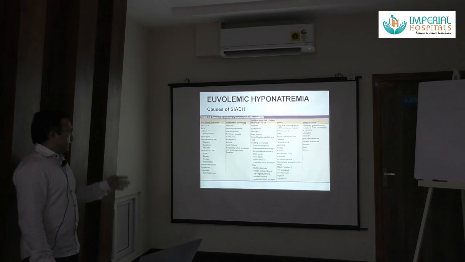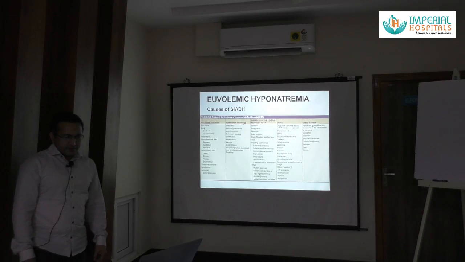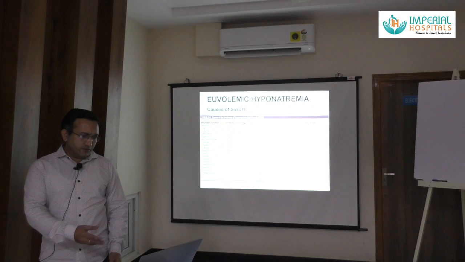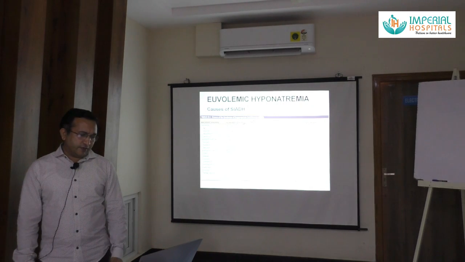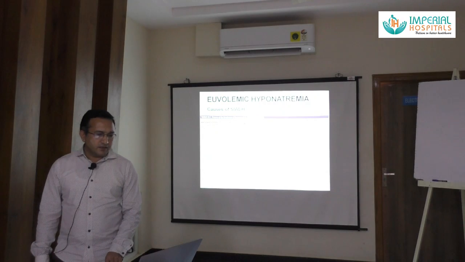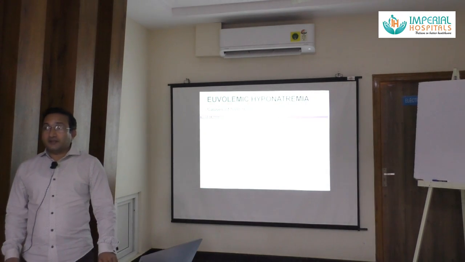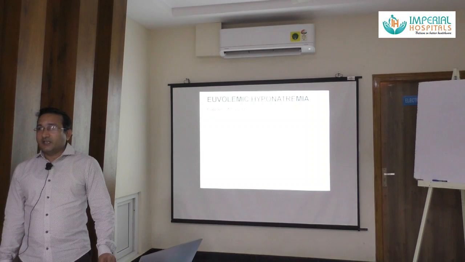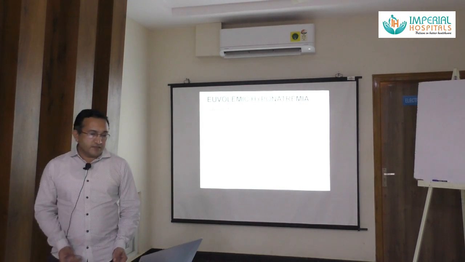Other demyelinating diseases like multiple sclerosis, Guillain-Barré syndrome, Shy-Drager syndrome, and also delirium tremens and acute intermittent porphyria can also stimulate SIADH.